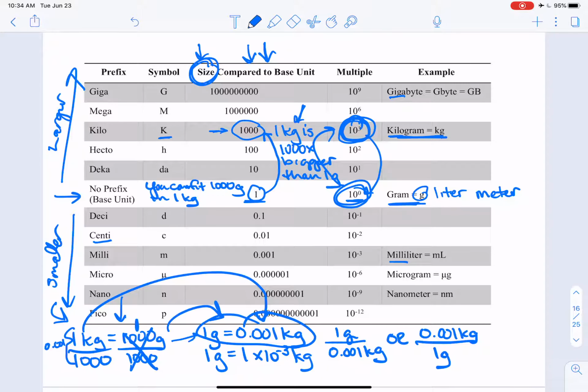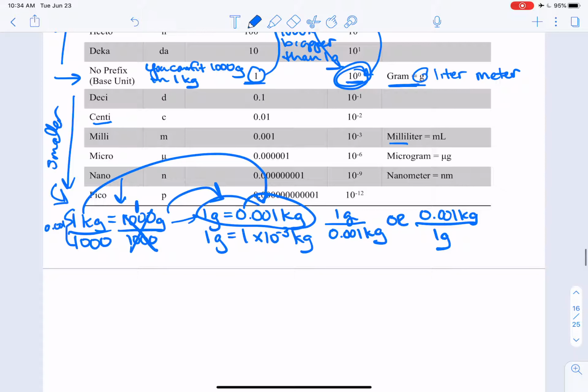Right? Or what we can also do is we can say for every 1 gram, we've got 1 times 10 to the negative third kilograms. Or we could flip that upside down. We can say for every 1 times 10 to the negative 3 kilograms, we've got 1 gram. You could also do that with what we had written up here.